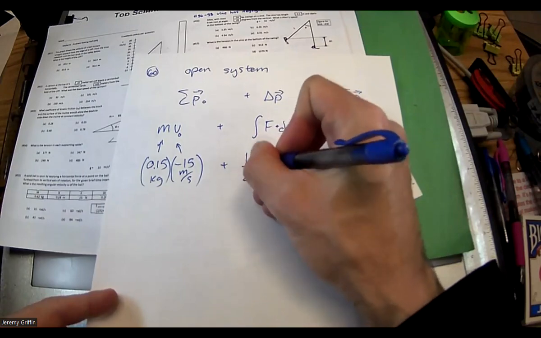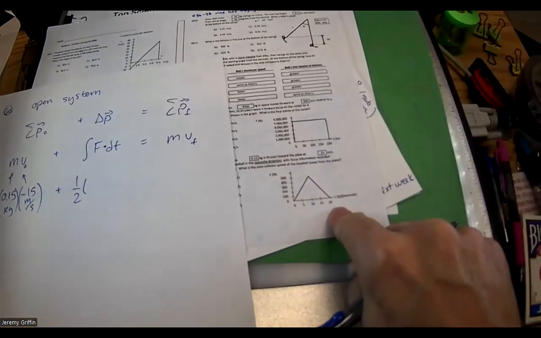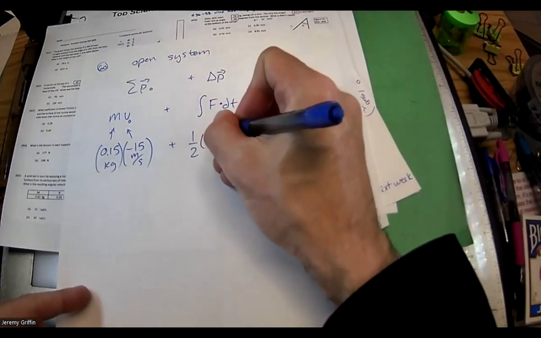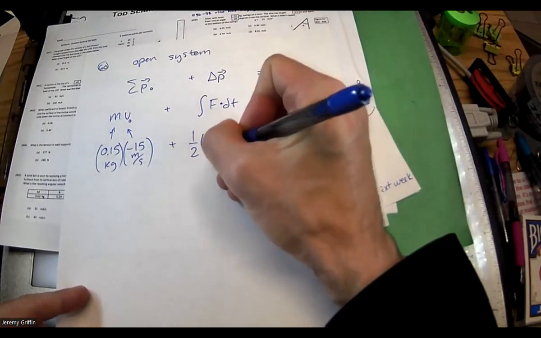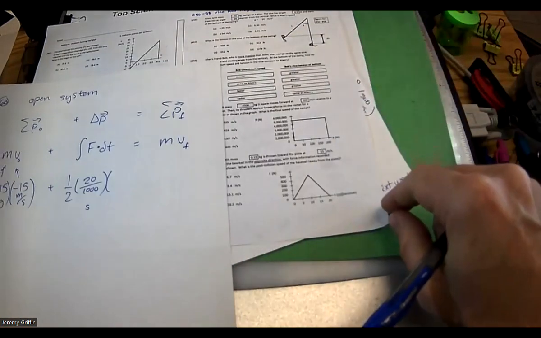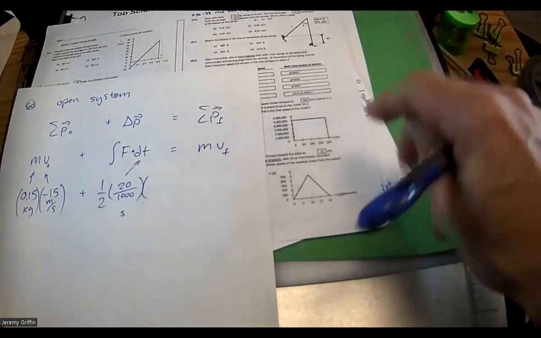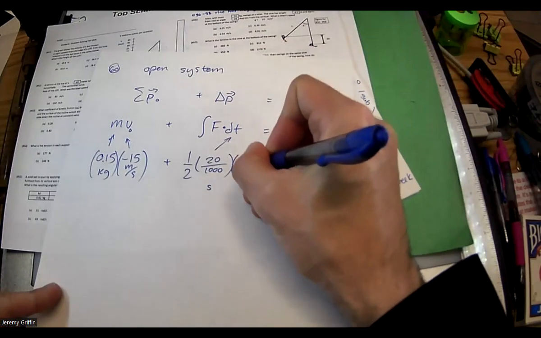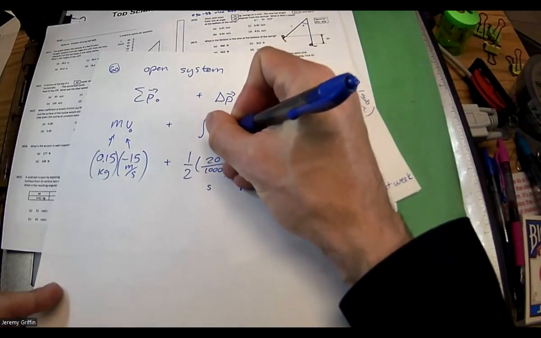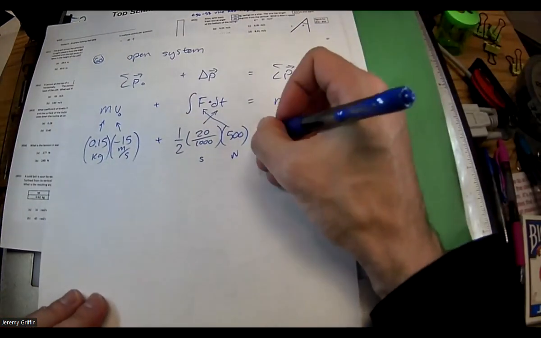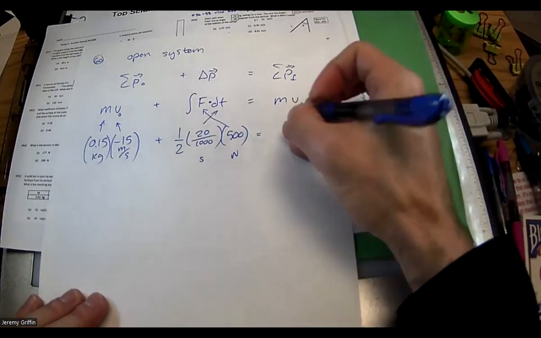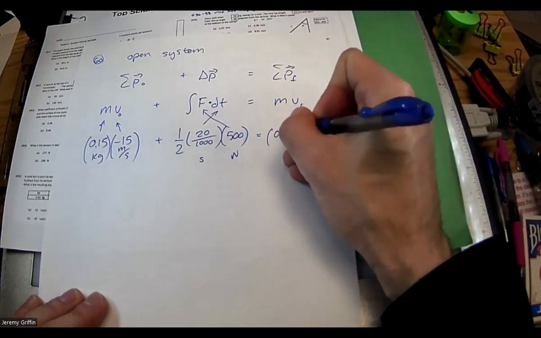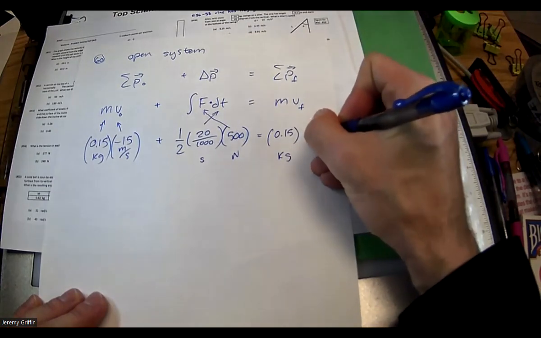Area of a triangle, 1/2 base times height, at a base of 20 milliseconds. So would that be 20 over 1,000 seconds? Okay. Whoops, that was the time. Okay. And then the force was 500 newtons. I've got 500 newtons. And then 0.15 kilograms for v final.